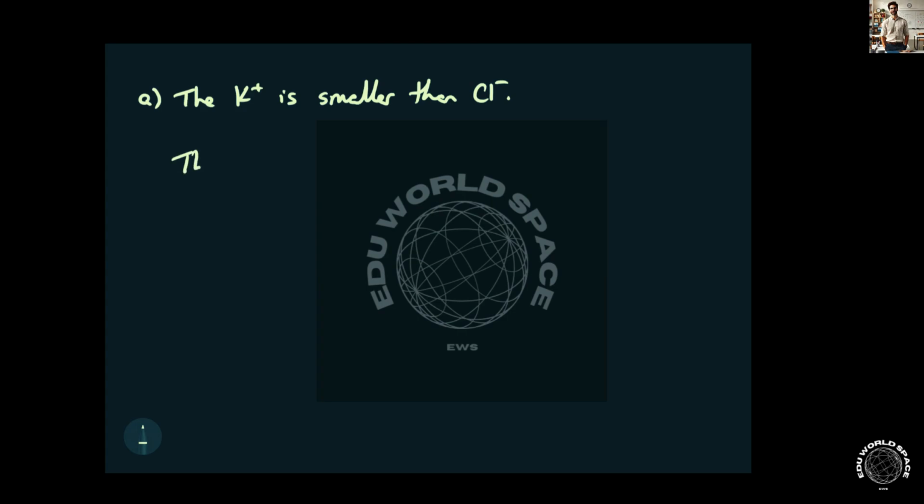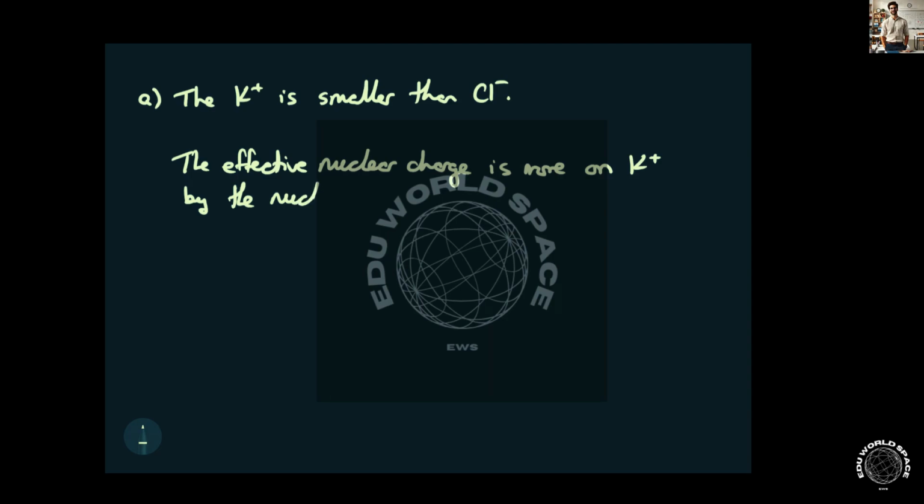This is because the effective nuclear charge is more on the potassium ion by the nucleus.